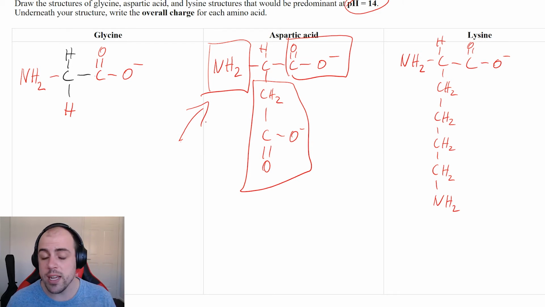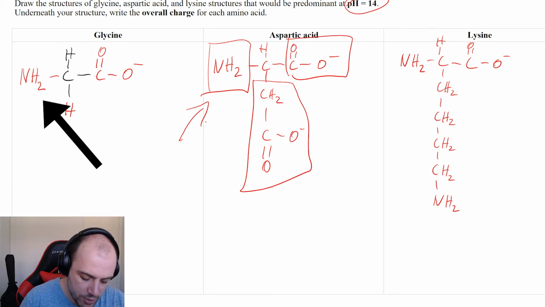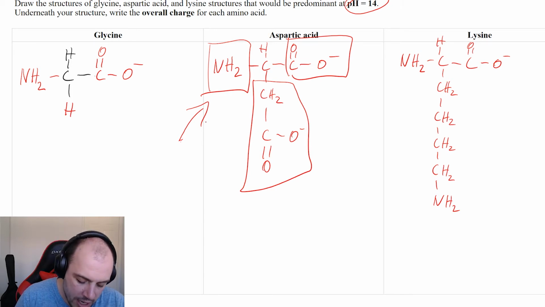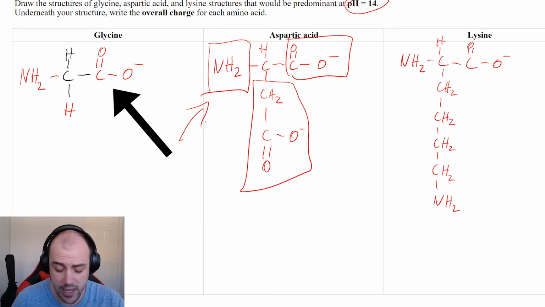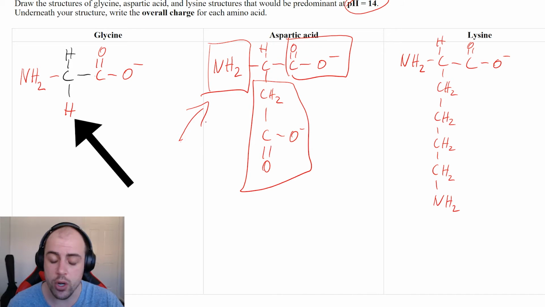So, when we are calculating the charge, again looking at glycine, our quaternary ammonium group over here is going to be neutral because it doesn't have that hydrogen there anymore. Then looking at our carboxylic acid, or in this case carboxylate, it is going to be -1. And our R group here for glycine is non-ionizable.